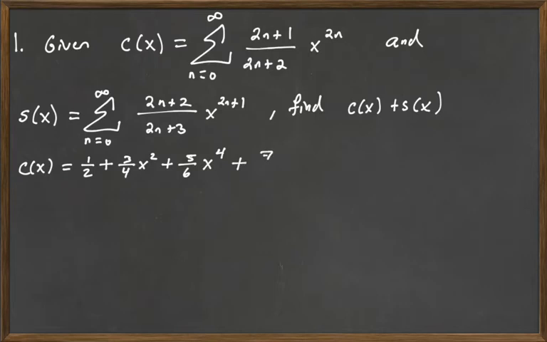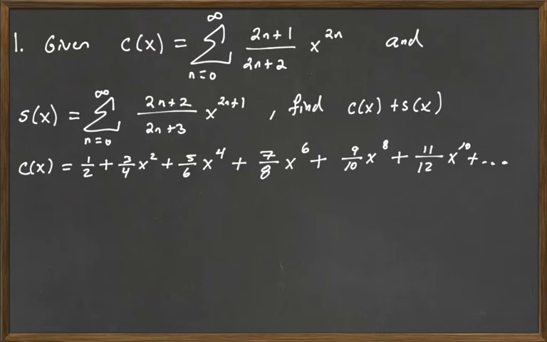N is equal to 3, 7 over 8 x to the 6th. Here's n is equal to 4, 9 over 10 x to the 8th plus n is equal to 5, 11 over 12 x to the 10th plus, etc. So that's what the first 6 terms of c sub x looks like.